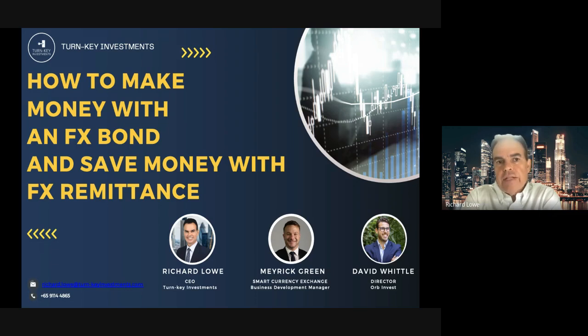And one of the value adds I felt would be to provide an alternative to sending your money via the banks, and in this case, showcasing and sharing about Smart Currency's value proposition for anybody that is doing regular remittances overseas and wishes to see the value of what Smart Currency Exchange can do over and above, particularly banks and even some other platforms as well.